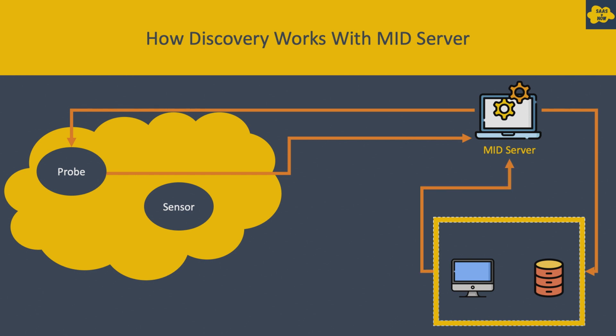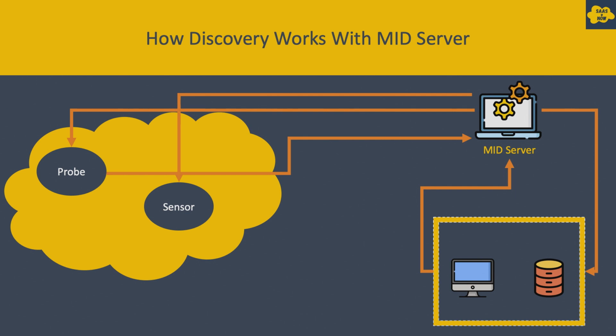Now this MID server is subscribed to the asynchronous message bus, which is called AMB, which is always available to send and receive messages in the ServiceNow instance, and also notify the MID server if there is any pending job to be processed in the ECC queue.